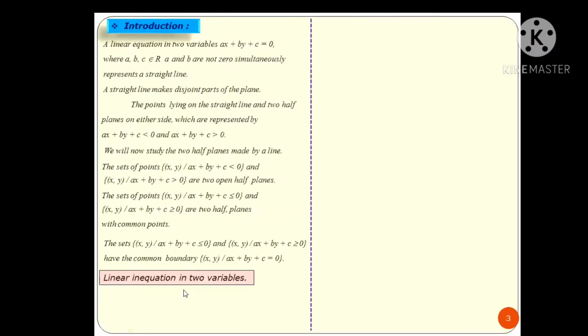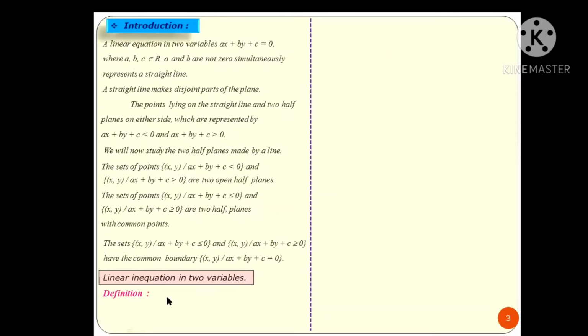Now, linear inequations in two variables. This expression you have seen, ax plus by plus c, either strictly less than, strictly greater than, less than or equal to, otherwise greater than or equal to, is a linear inequation in two variables.